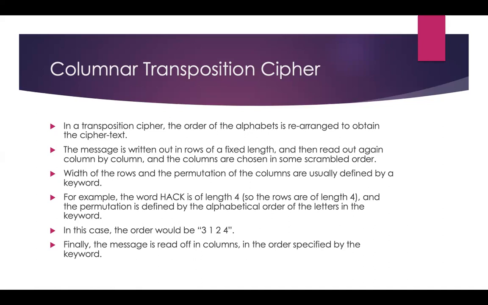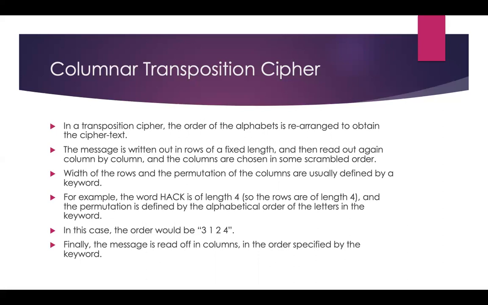In this example, the word hack is of length 4, so the rows are of length 4. The permutation is defined by the alphabetical order of the letters in the keyword, so the order is 3, 1, 2, 4. Finally, the message is read off in columns in the order specified by the keyword.